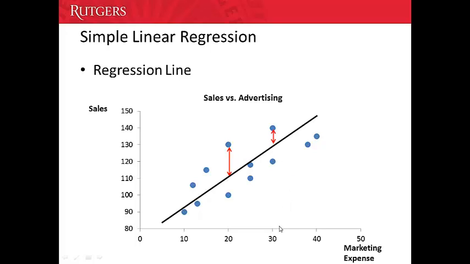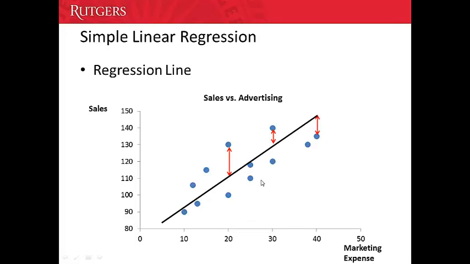For another data point, the marketing expense is around 32, the actual sales is around $114 million, and the estimated value is 113. So the error here is $10 million. We keep calculating the difference between the estimated value and the actual value, and add them up to get the sum of all the errors.